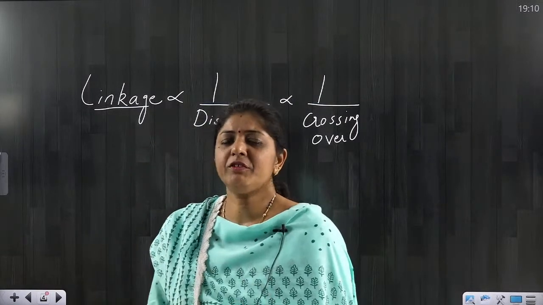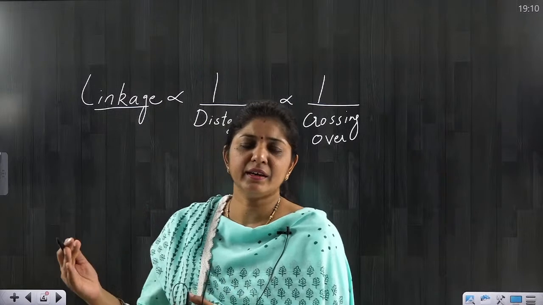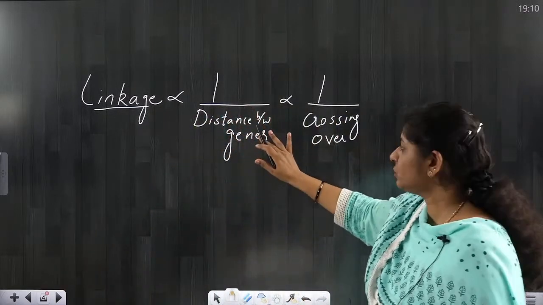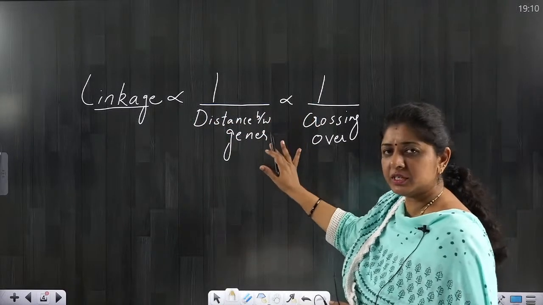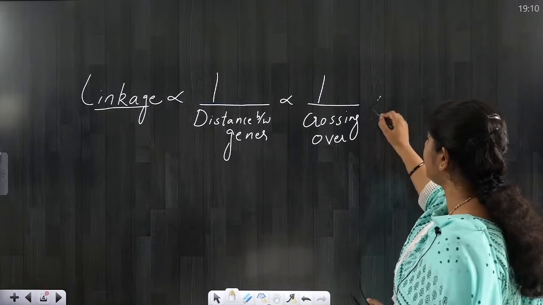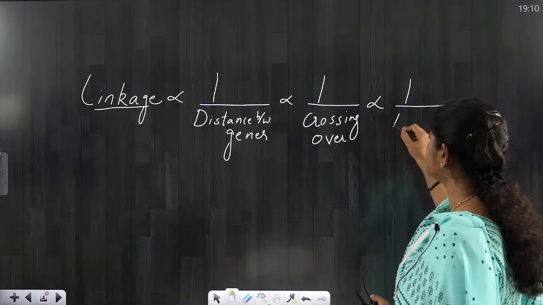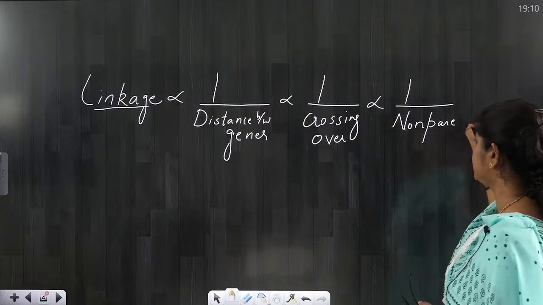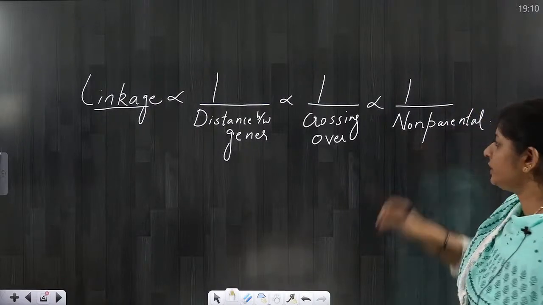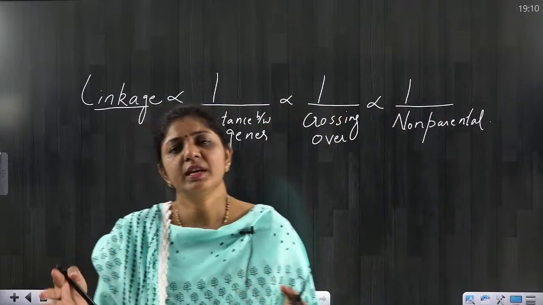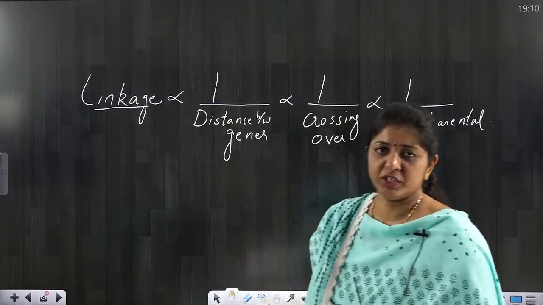I will again introduce all these things by taking the example of some chromosome. So linkage is inversely proportional to the distance between the genes, inversely proportional to crossing over, and also inversely proportional to the non-parental types, meaning new combinations that are going to be formed, right? So this is the relation among these terminologies.